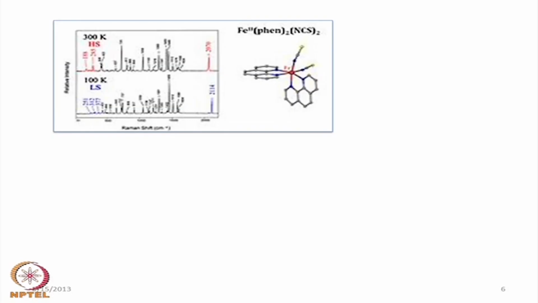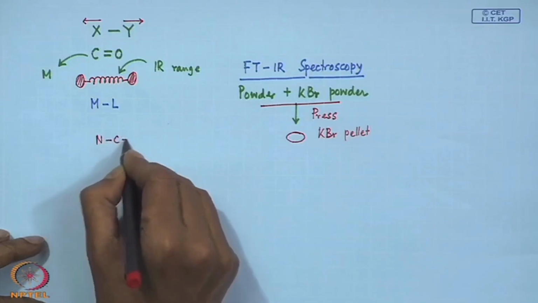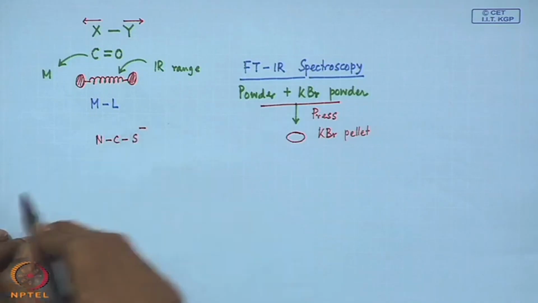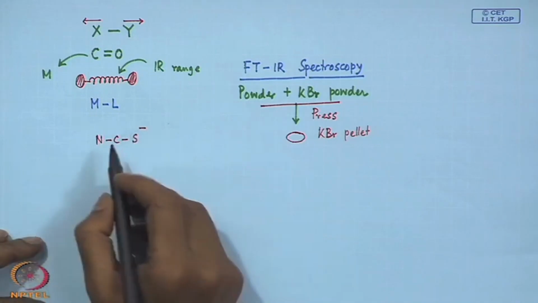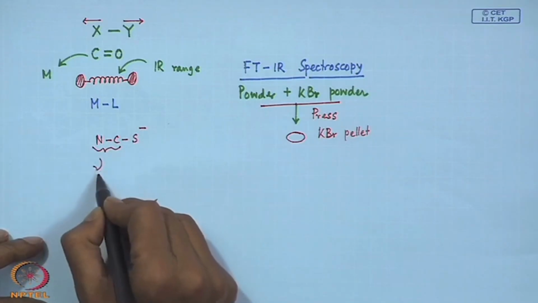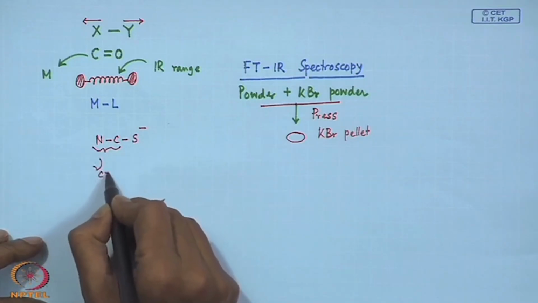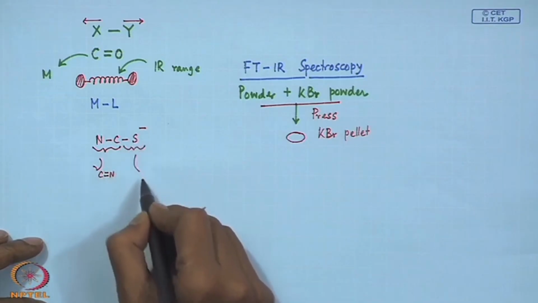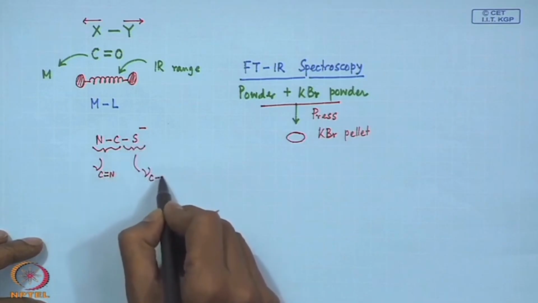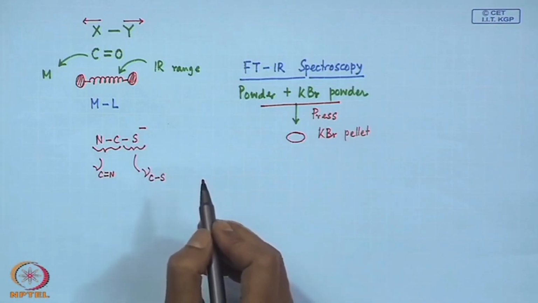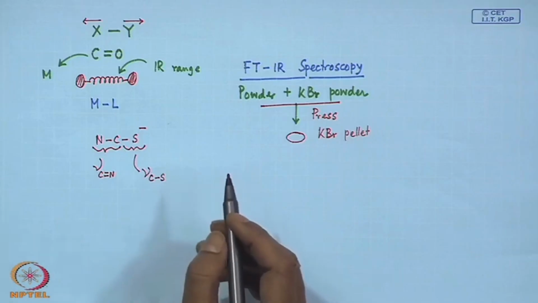This is also true for NCS. When the thiocyanate anion is binding to iron, we can have the stretching frequency for the C triple bond N as well as the stretching frequency for CS. So, these are the two characteristic stretching frequencies present.